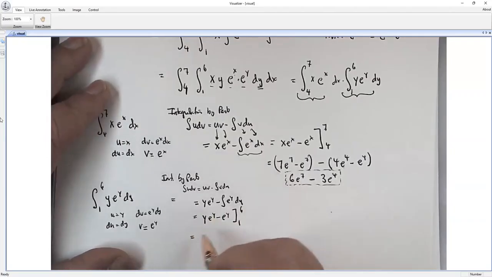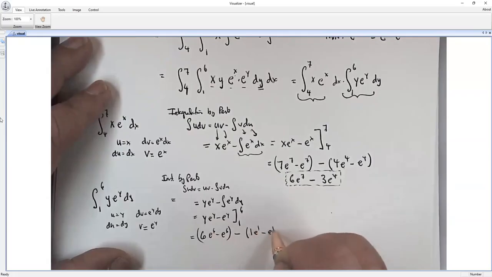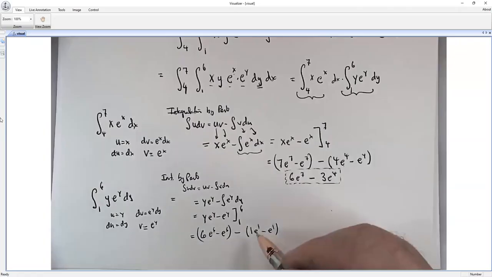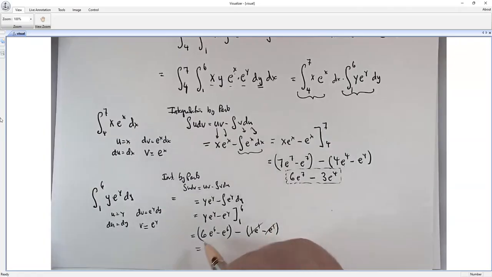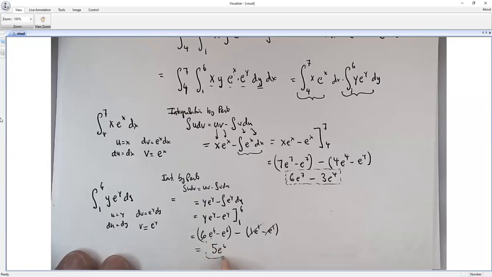So plug in top minus plug in bottom, that'll be 6 e to the 6 minus e to the 6, minus 1 e to the first minus e to the first. What is e to the first minus e to the first? That goes away, 0. What is 6 e to the 6 minus e to the 6? 5 e to the 6. So there's my answer for that guy.